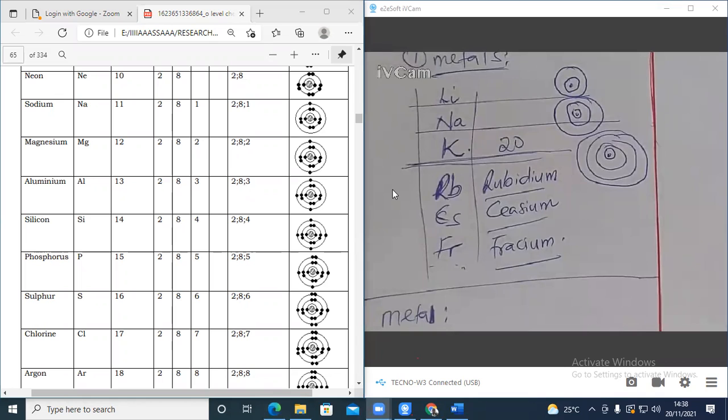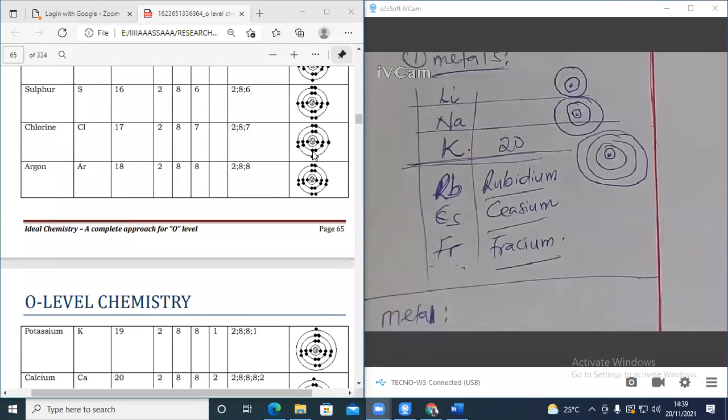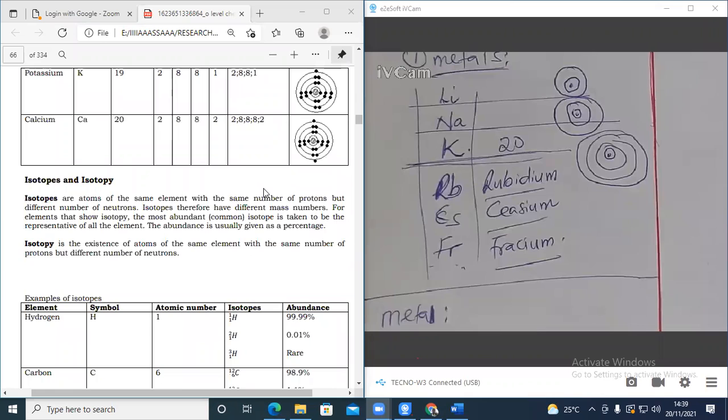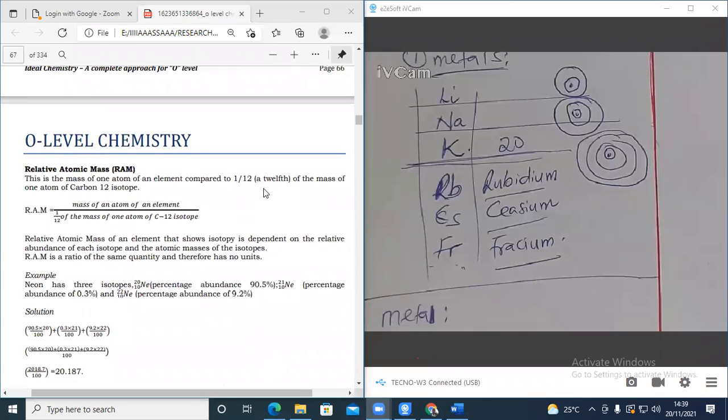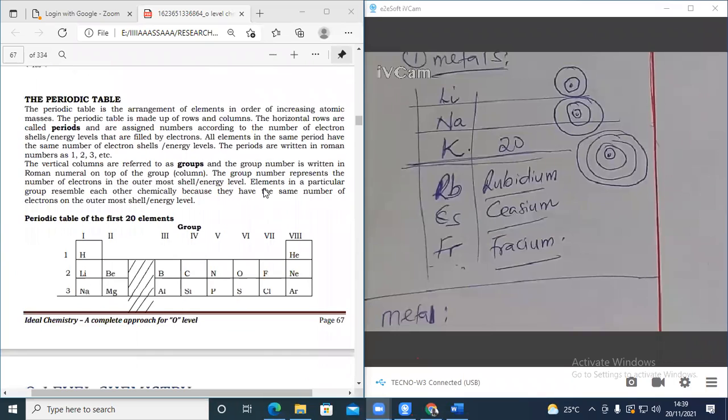They react by losing or gaining. Metals do one. They either gain or lose. So which one is that? Gaining. They react by gaining, isn't it?